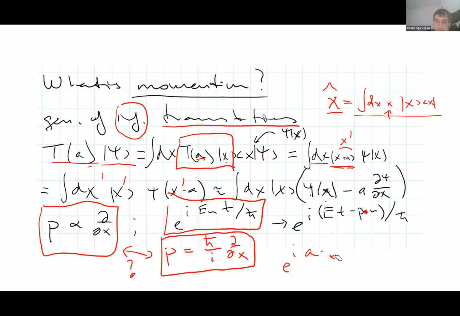So if you were doing differential equations, or if you were doing calculus, it turns out that if you have an operator doing infinitesimal translations, which is d by dx, the operator performing translations by a finite amount a is this guy. And indeed, you can see that in Taylor series, this is 1 plus i a d by dx, right?